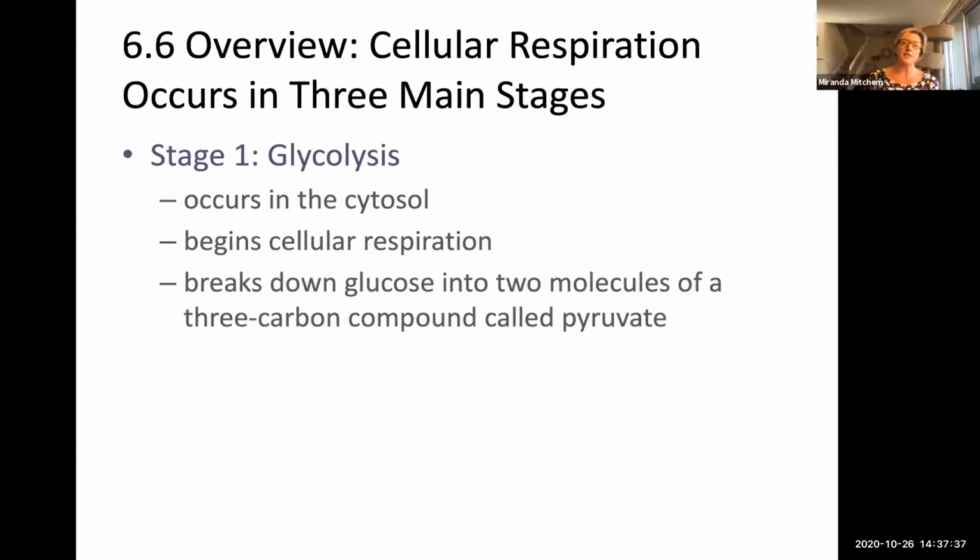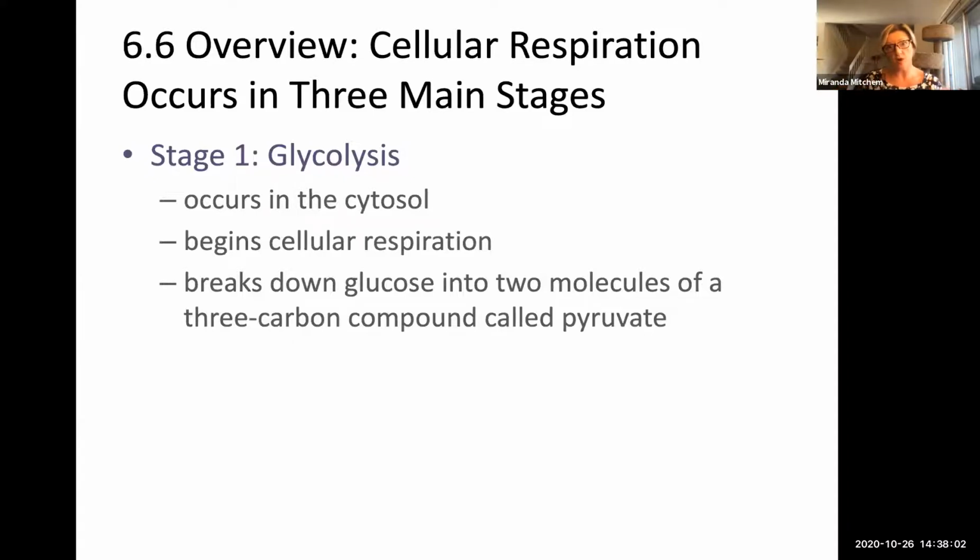And what it does is it takes that single molecule of glucose, or whatever monosaccharide we're beginning with, and it breaks it down first. So if we begin with glucose, which has 6 carbons, it breaks it down into 2 of the same molecules called pyruvate. Each pyruvate has 3 carbons.